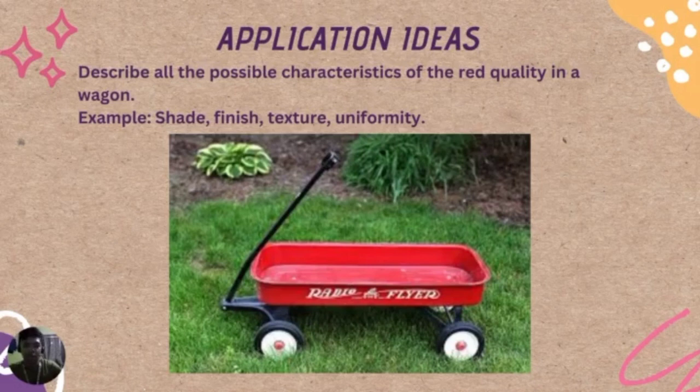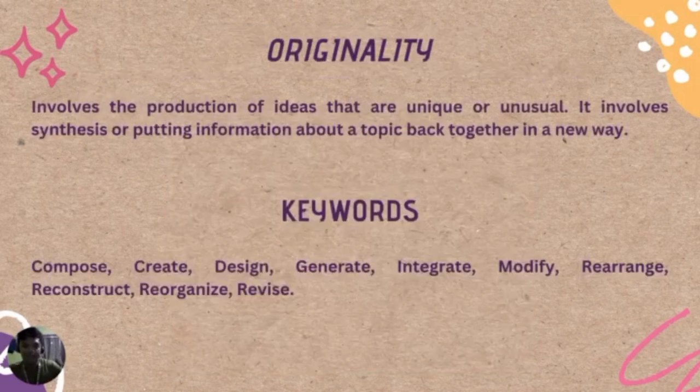Okay, so let's move on to the last criteria of the Torrance framework, which is the originality. Originality involves the production of ideas that are unique or unusual. It involves synthesis, or putting information about a topic back together in a new way. So originality is the hallmark of a creator who transcends the boundaries of conventional thinking. It involves the generation of ideas that break free from the molds of familiarity, offering fresh perspective and novel solutions.